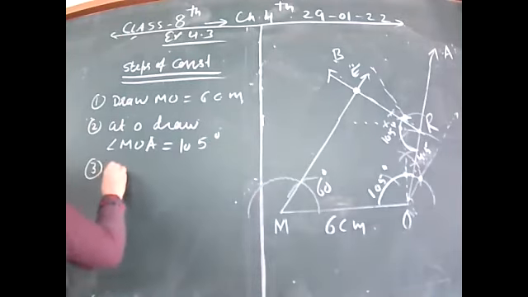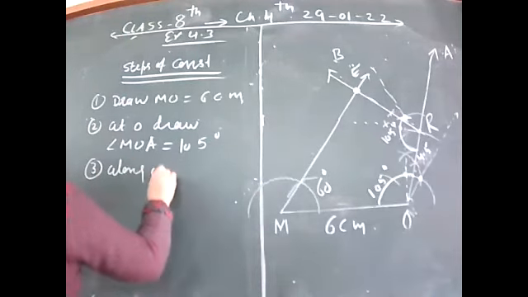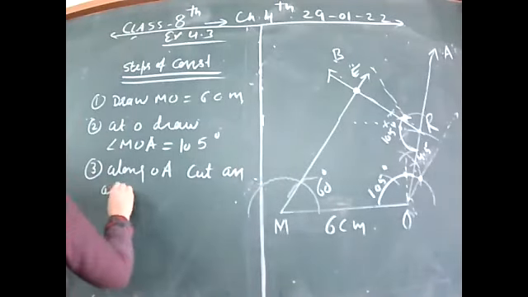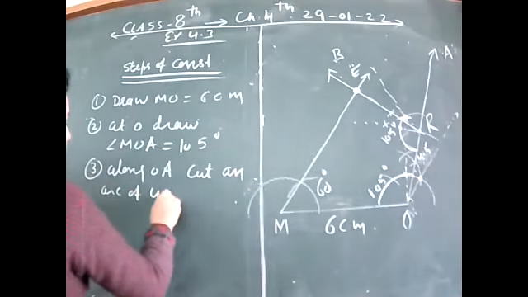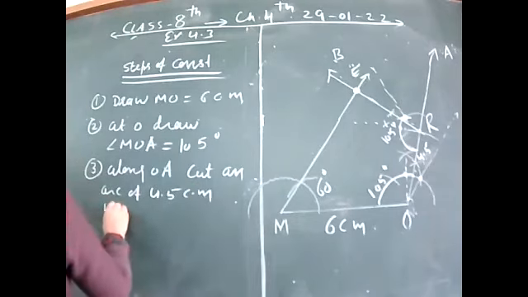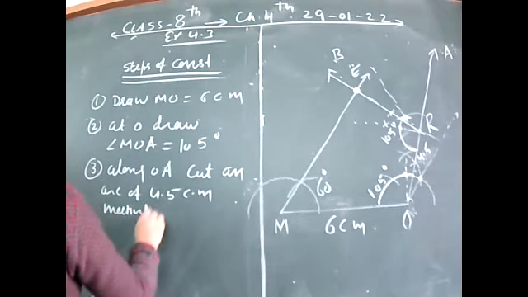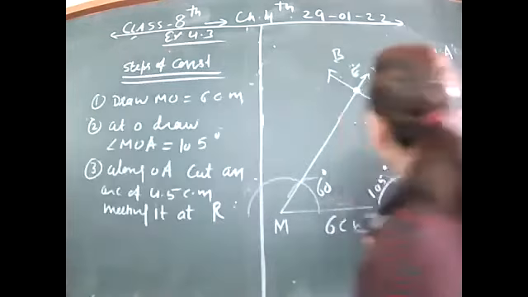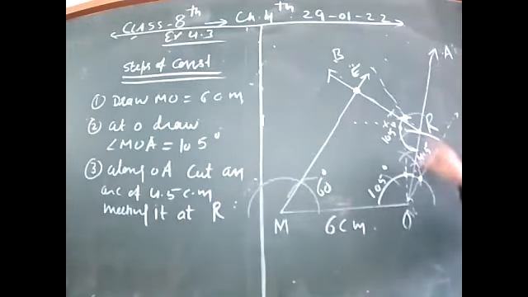Third step, along OA, cut an arc of 4.5 centimeter, meeting it at R.